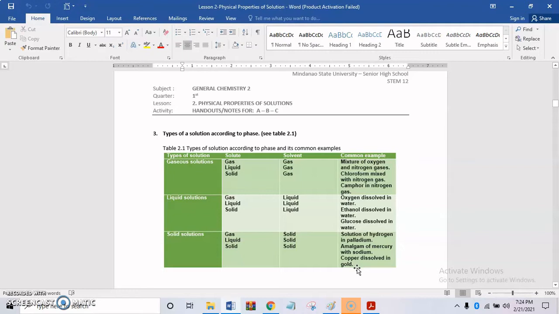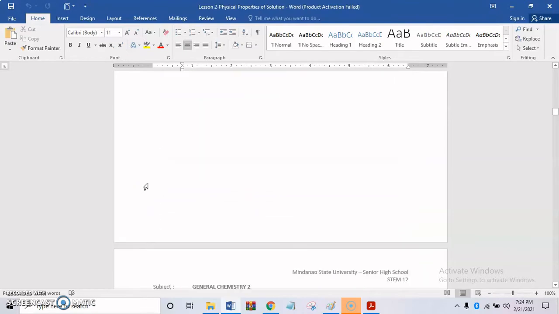Mas madali siyang ma-deform kapag masyado siyang pure. And it will make your jewelries become madaling masira or madaling ma-deform. So that's it for the types of solution.